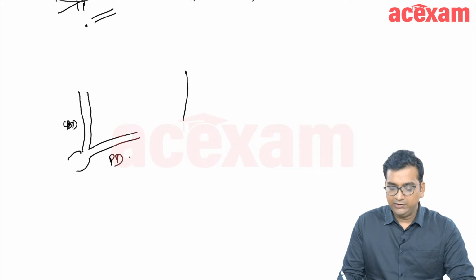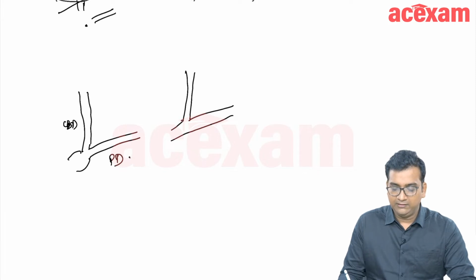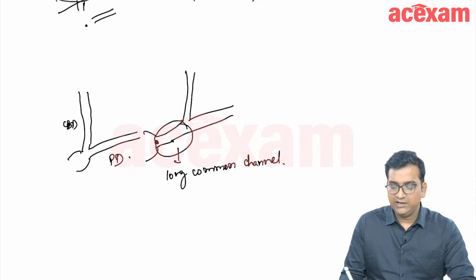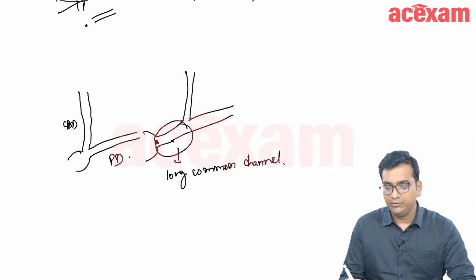Suppose if this bile duct joins the pancreatic duct early, then they become ampulla, then there will be a long common channel. There is a sphincter here which I have already told you.